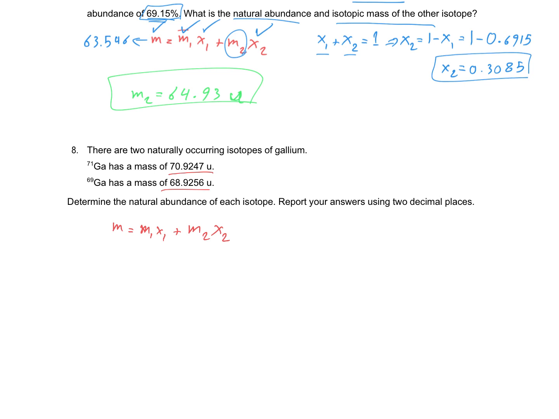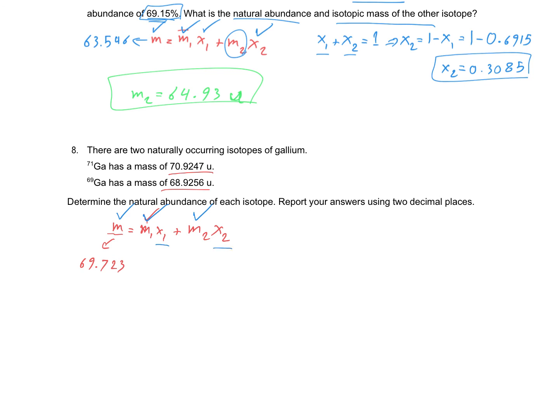Okay, so we can find M from the periodic table, and the M for gallium is 69.723. We have M1, we have M2, we have M. We need to solve it for x1 and x2.